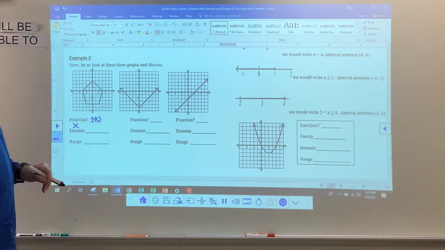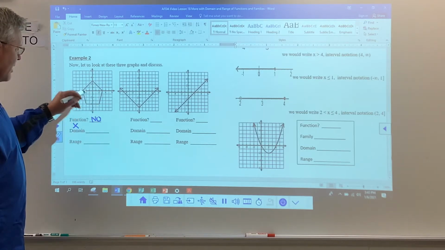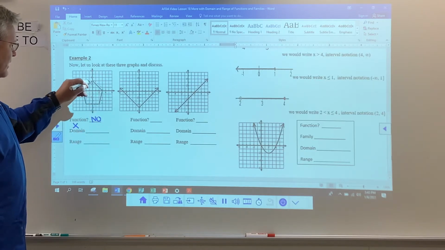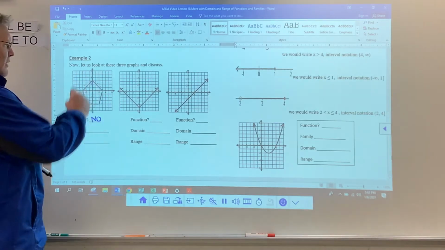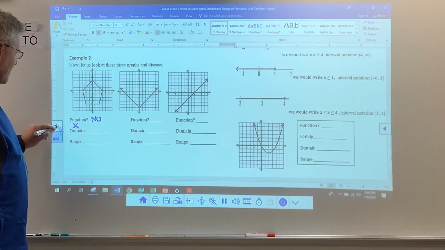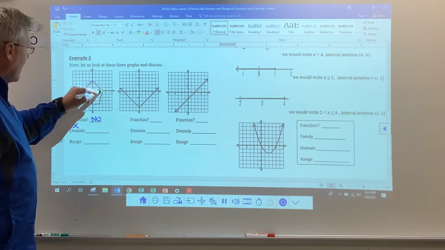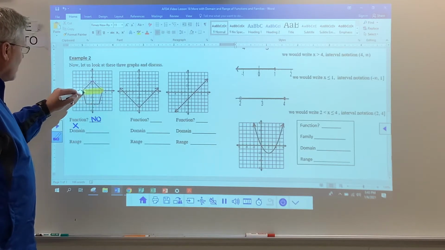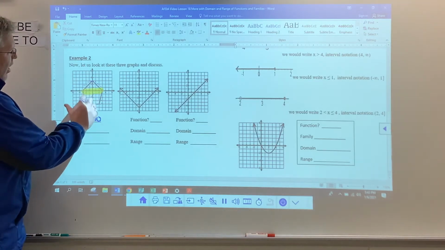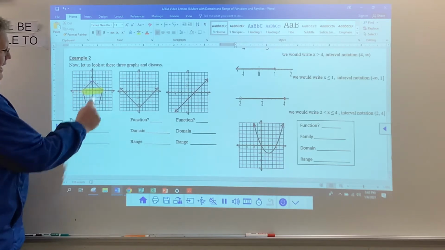Now again, think about domain as your x values. And this graph is made up of infinite number of points. It's got points everywhere on here, all over this thing. And so we have infinite number of x and y combinations here. But notice something that I'm going to do here for you guys is I'm going to talk about the x values and maybe shade right along here on the x-axis. So I think all these points are going to be between that x value and that x value.